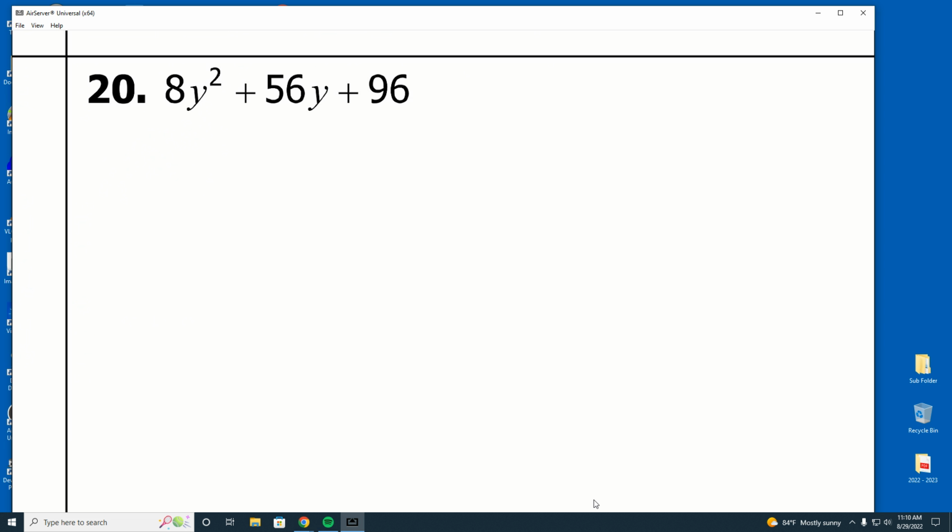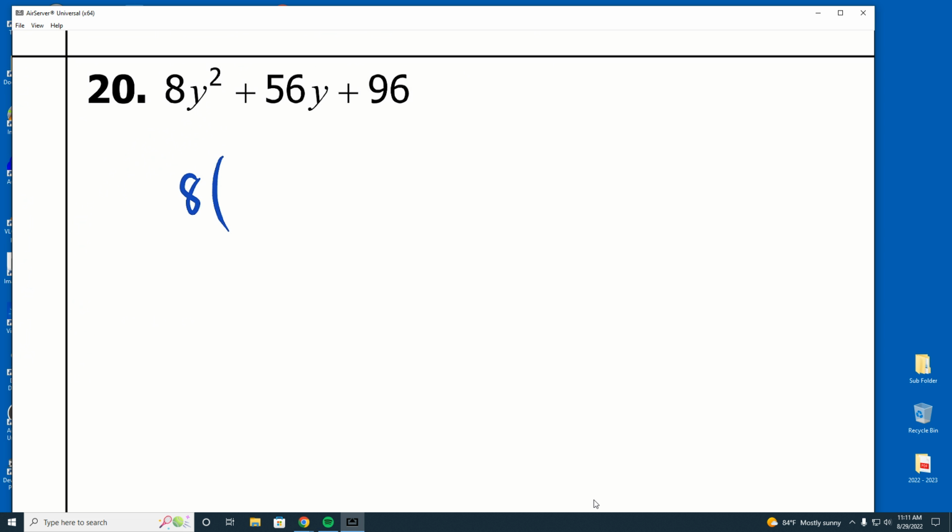What's the smallest number of those 3? 8. Will 8 go into 56? Will 8 go into 96? Check it real quick. 96 divided by 8. Yeah. See, you can pull an 8 out. Don't forget to check GCF.